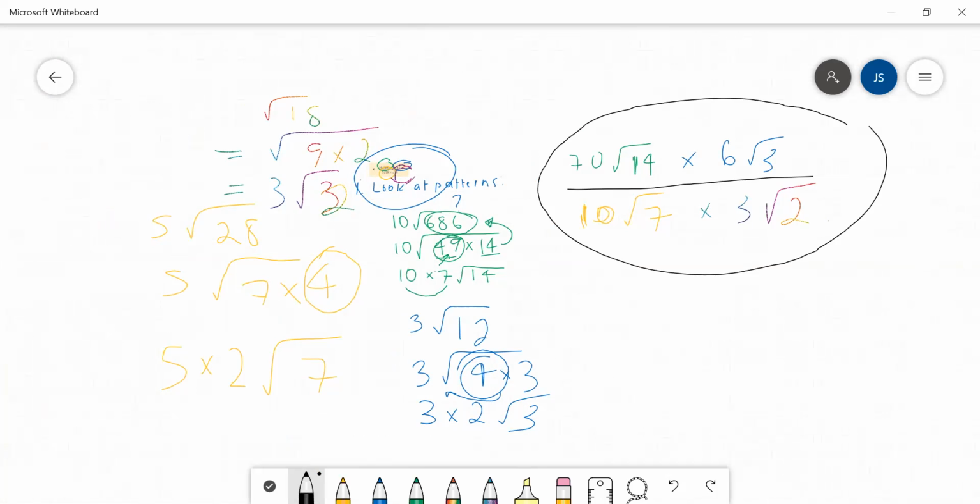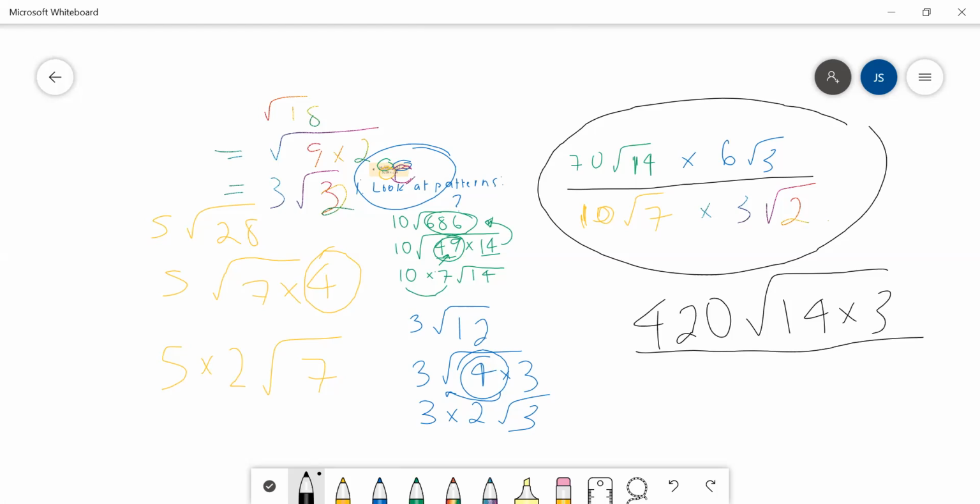So let's do numerators together. 70 lots of 6 is 420. I'm going to times the square roots, 14 by 3. We'll leave that till the next step. Next one, we want to times our whole numbers first. 10 lots of 3 are 30. Times our square roots. 7 and 2 are 14, but we will do that in the next step.